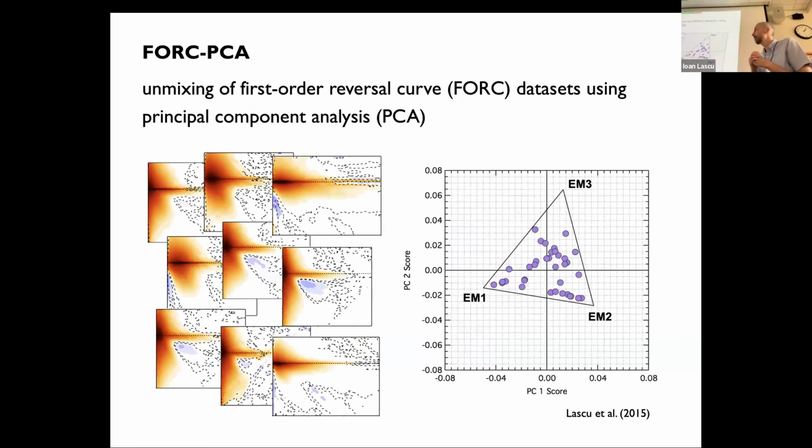So FORC-PCA is unmixing first-order reversal curve data sets using principal component analysis, as the name suggests, of course. So basically, you go to a location, a core, you measure a bunch of FORCs, you get your FORC data set, and then you reduce those 2D maps to this kind of data set where each sample is reconstructed as a data point within this principal component unmixing space.